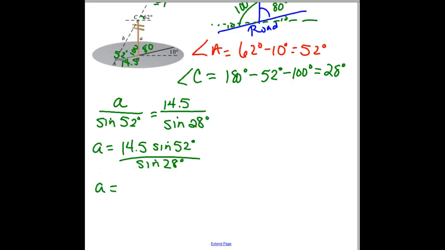Say it again. 24.338. Check yours. Okay. All right, so the height of the telephone pole is 24.338 feet. Questions on that one?